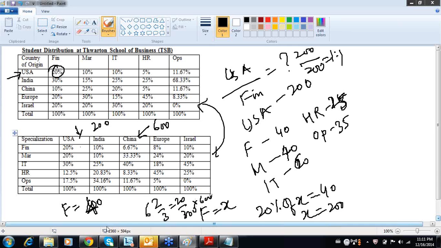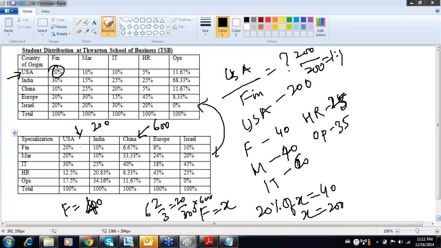If 40 is equal to 10% of Fin, then the total Fin will be what?